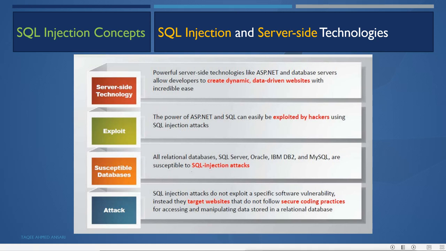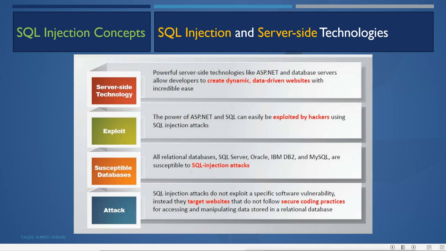Then susceptible databases: all relational databases, SQL Server, Oracle, IBM DB2 and MySQL, are susceptible to SQL injection attack. These are the different types of databases we have, and all of them are vulnerable to SQL injection attack, because it is not a problem of these database servers, it is a problem of the application.